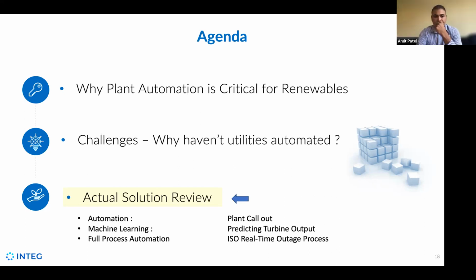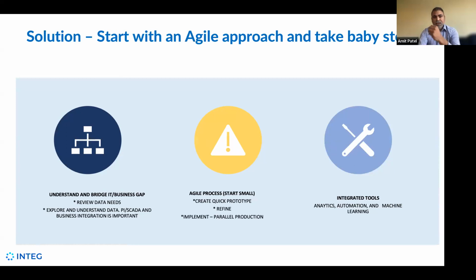Correct. All right, so let's talk about solutions. I'm going to get into some sample solutions or actual solutions, but before that, let's talk about the suggested approach, which is to start with an agile approach and take baby steps. So step one, forget the technology. Number one is to understand and bridge the IT business gaps.